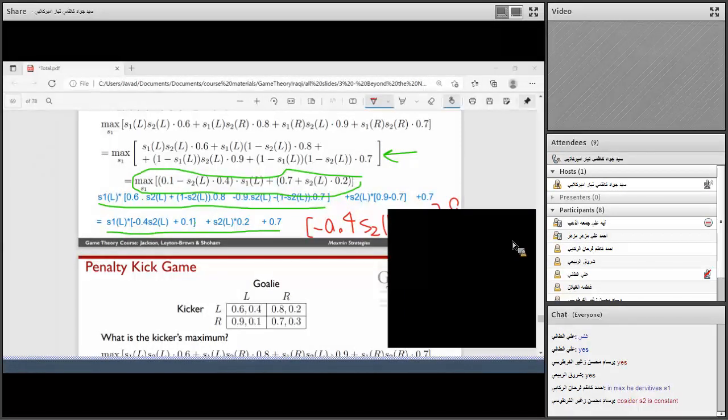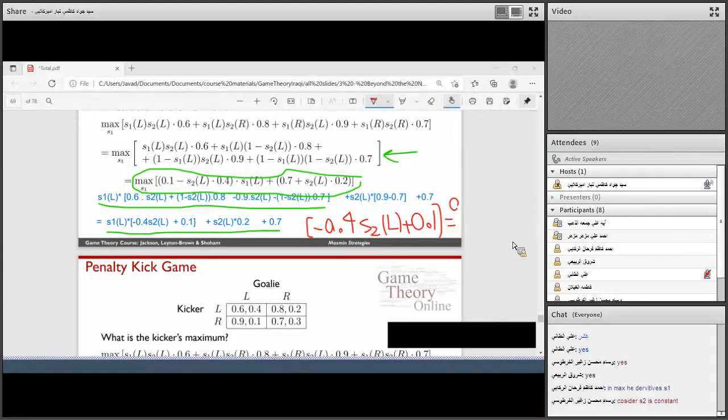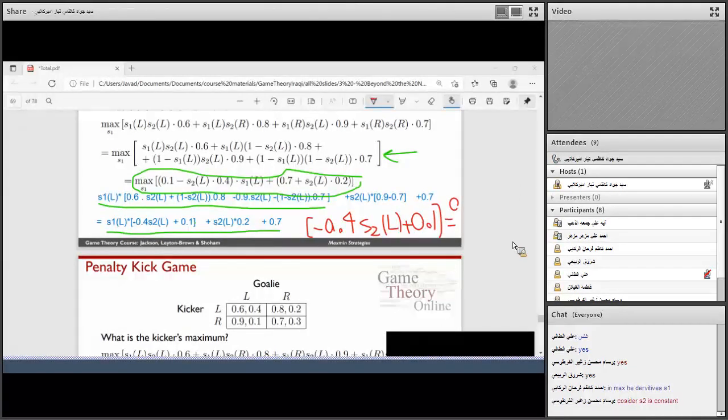Yes, we consider S2 constant. Excellent, Wassam. When we're taking the derivative with respect to one variable, we consider all other variables constants. That's why they act as a constant. They vanish. They become 0. So that's for that. And then, what would that give us?